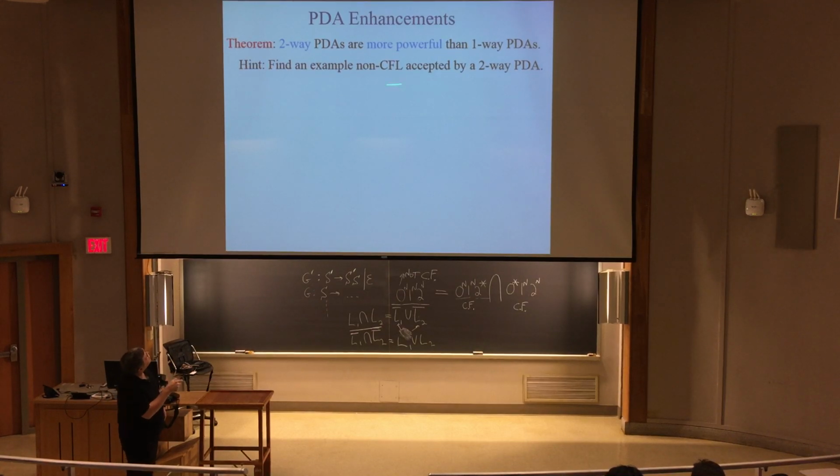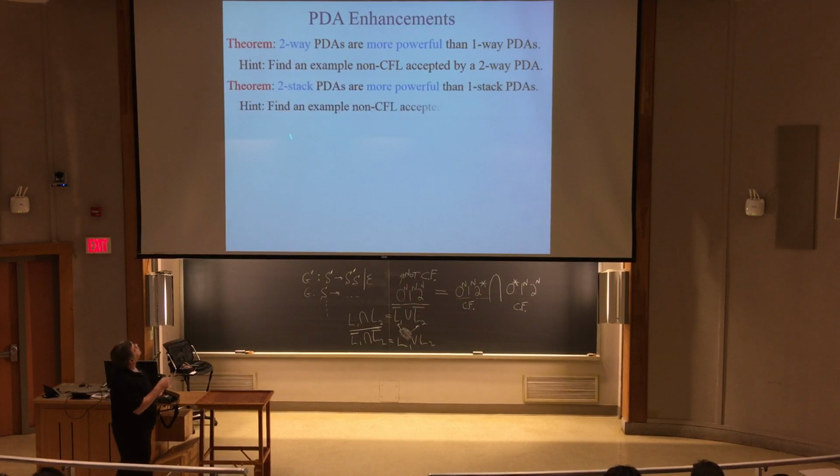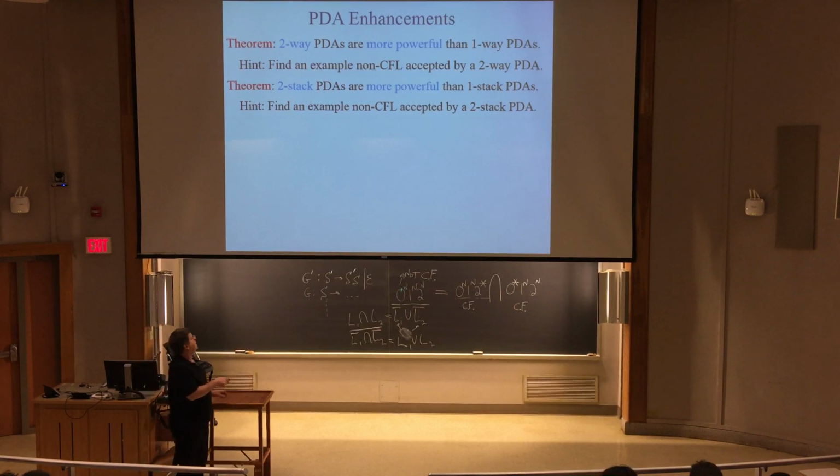Right, so we just found an example of a non-context-free language accepted by a two-way PDA, namely 0^n 1^n 2^n right there. Second theorem: if you have two stacks, it's more powerful than one stack, and you can basically simulate a Turing machine. In fact, this language can be simulated with two stacks, plain and simple. How would you accept this with a one-way machine that has two stacks?